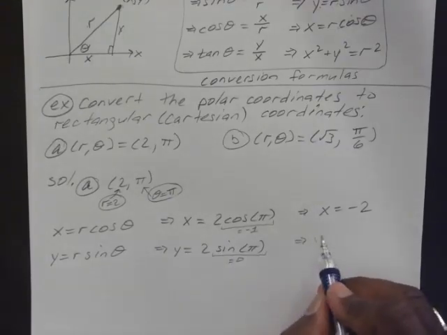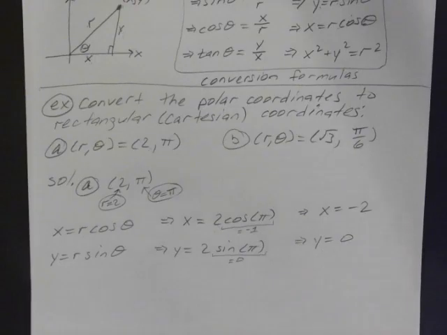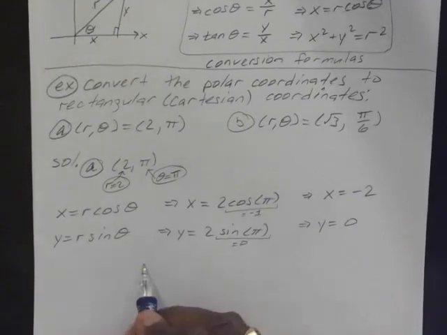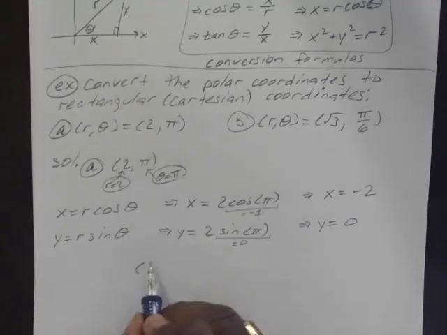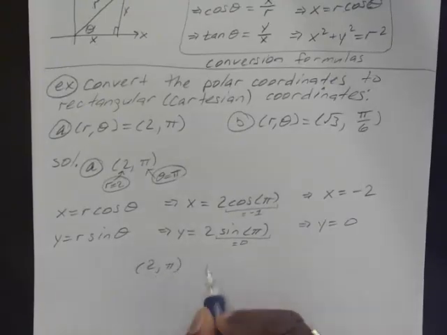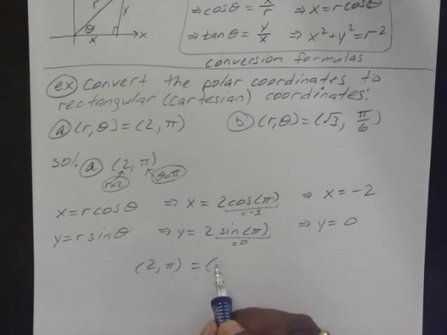So we know that y is just equal to 0. So we know that the point 2, pi is the same as negative 2, 0.